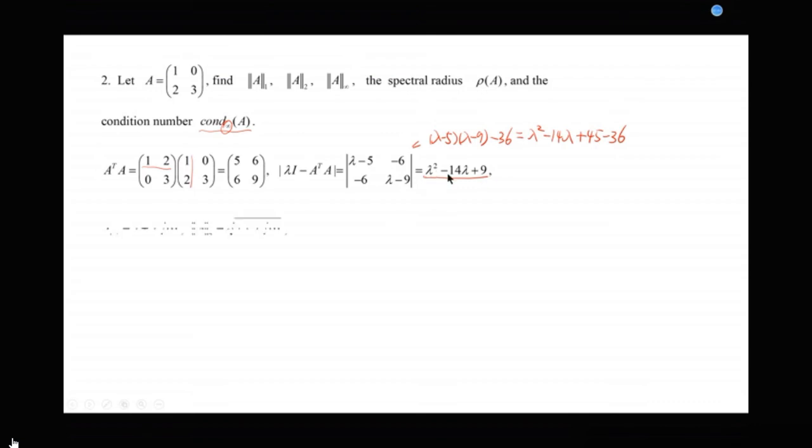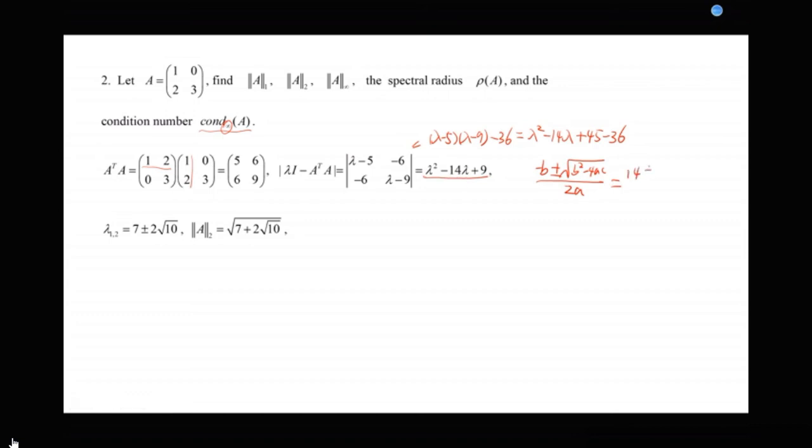It's okay? And then you can compute the two eigenvalues by the formula, we just use minus b plus or minus the square root of b squared minus 4ac, divided by 2a, right? Here b is minus 14, so minus minus is 14.